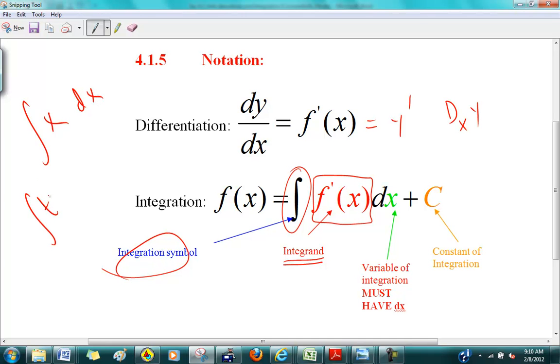And if it was this, then you've got to have a dt. Without that, it makes no sense at all. It's not legal. And then one more thing you need to know is the constant of integration. This is a must as well, and we'll see that again in a minute.